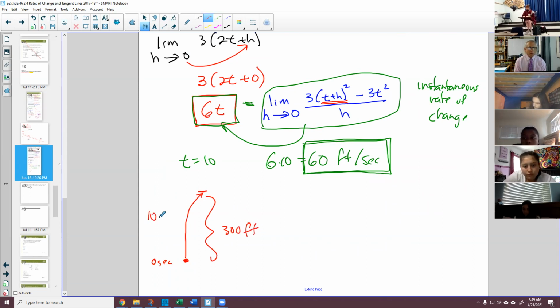And this was 10 seconds. What's the average speed of the rocket over those 10 seconds?